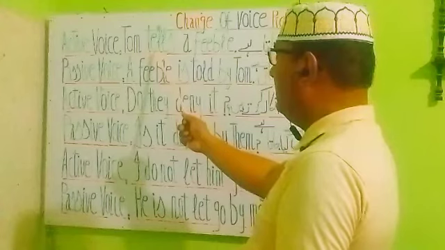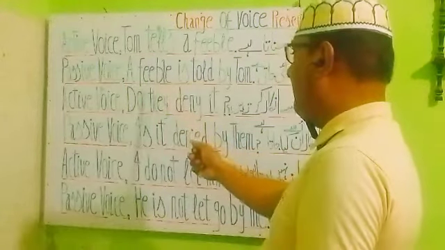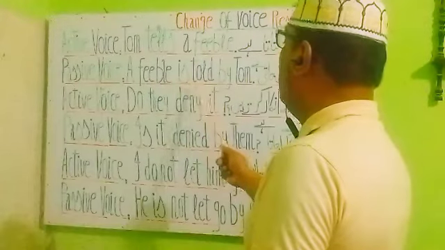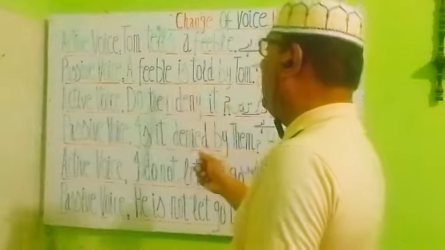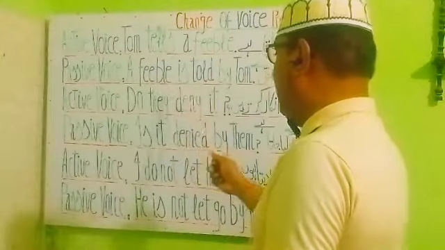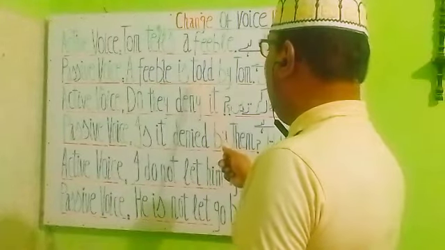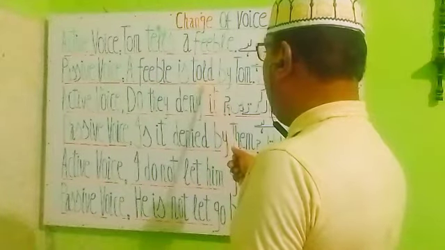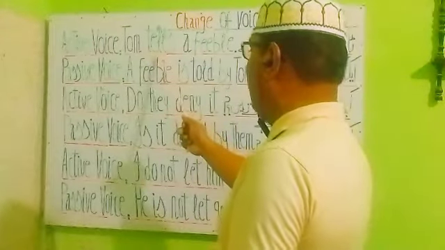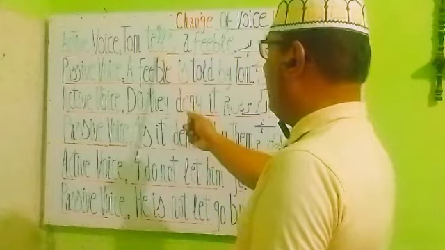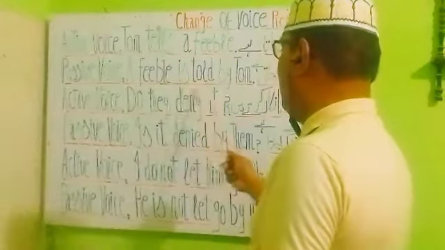By rules, when we write the subject and helping verb in passive voice, after that we have to write the third form of the principal verb that is in the active voice. So the third form of tell is told. We will write here told.